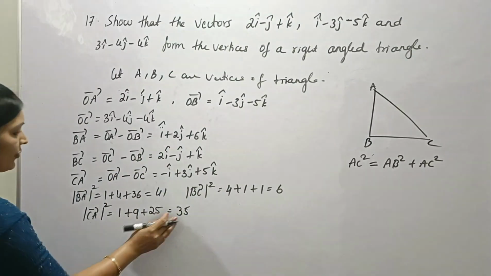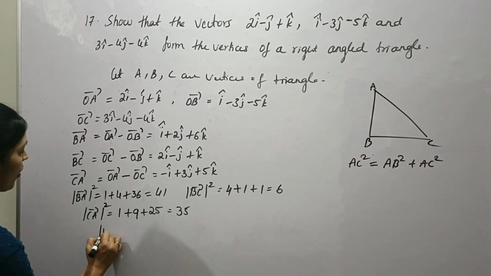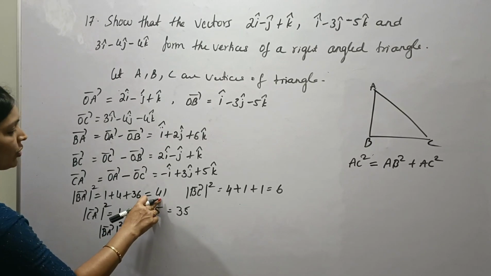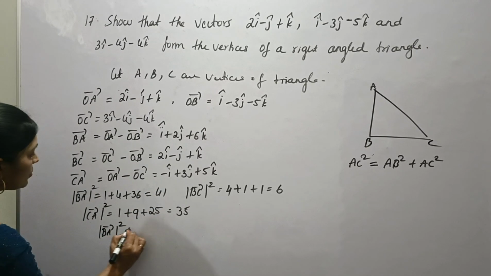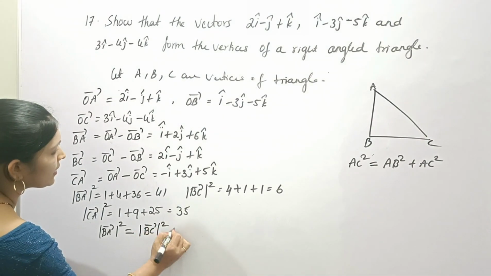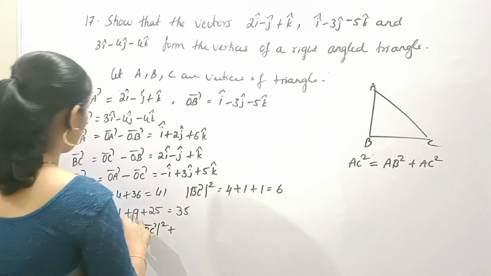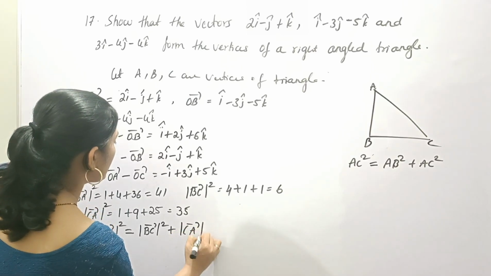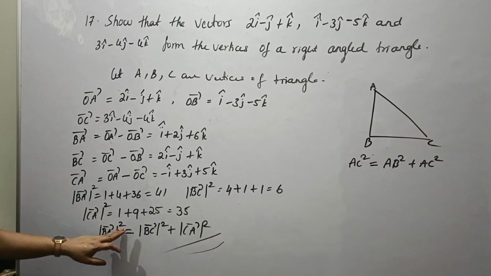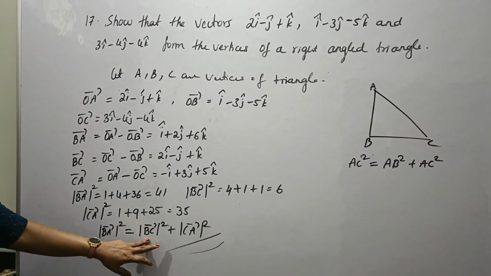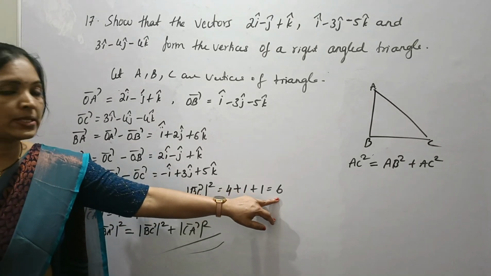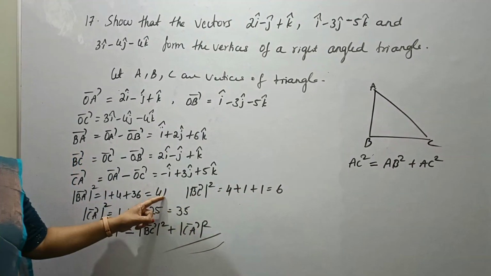So here we can write modulus of vector BA square, which is 41, is equal to modulus of vector BC square plus modulus of CA square, because 35 plus 6 is 41, right?